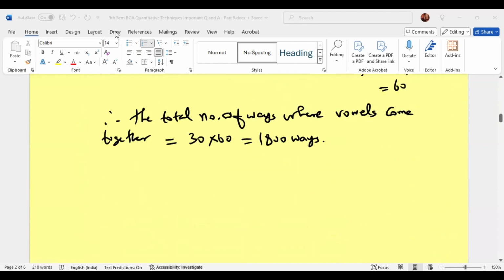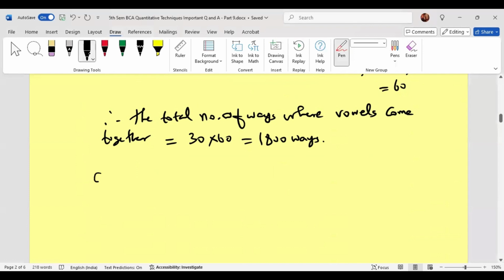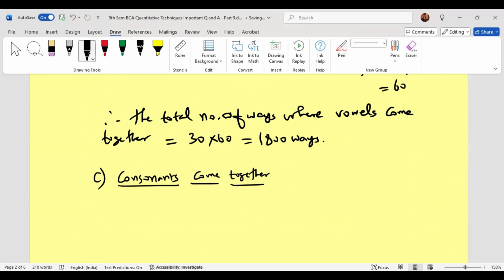Part C. Consonants come together. So for that, we need to first identify the consonants in the word animation.